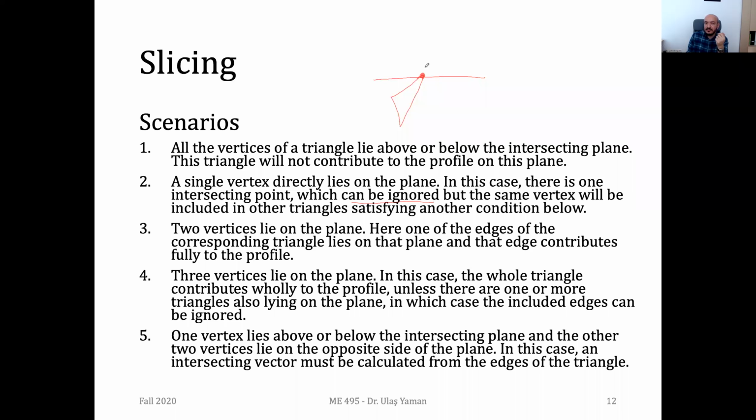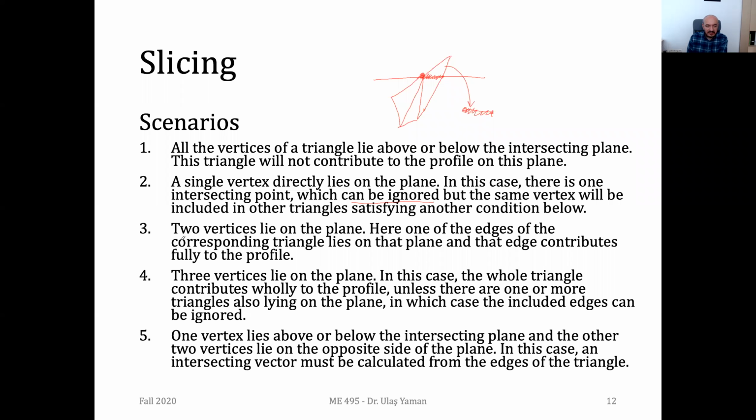The thing is that this point should actually be stored while we are dealing with other triangles. If you consider this triangle here, when we do the intersection, we will have such a portion, and that point will be stored while we are dealing with the second triangle. So we can simply ignore this single vertex.